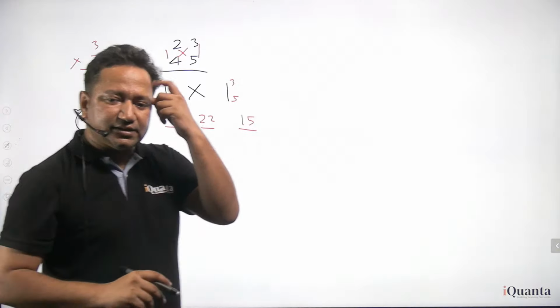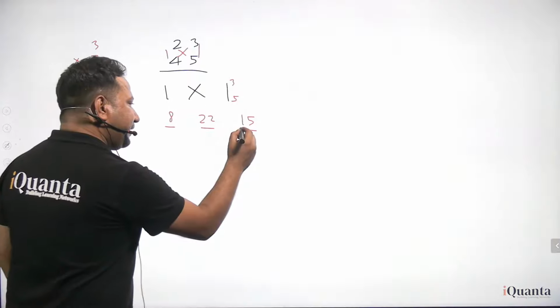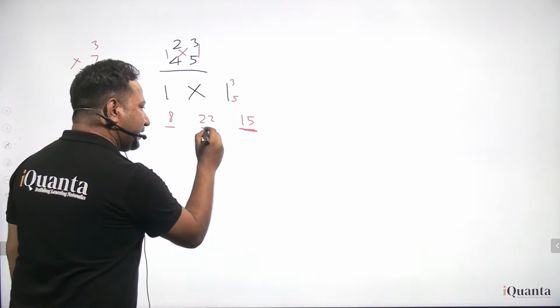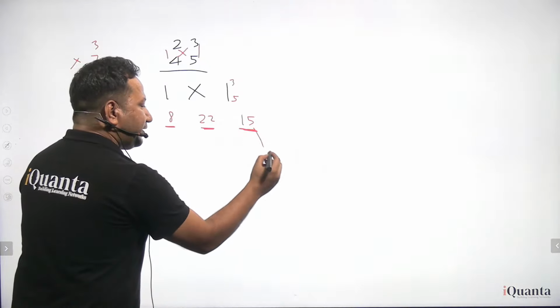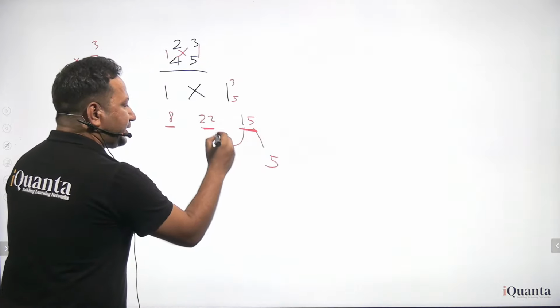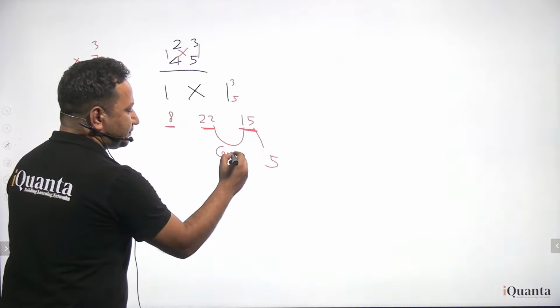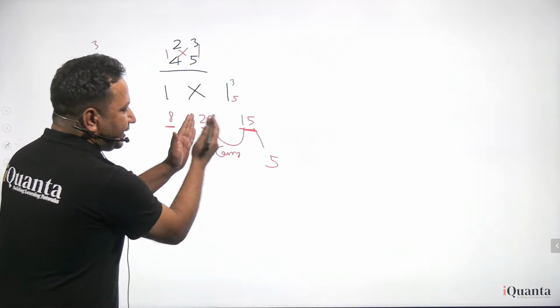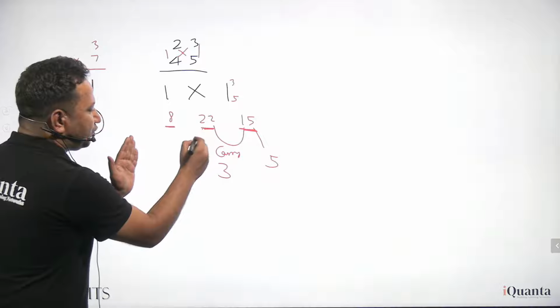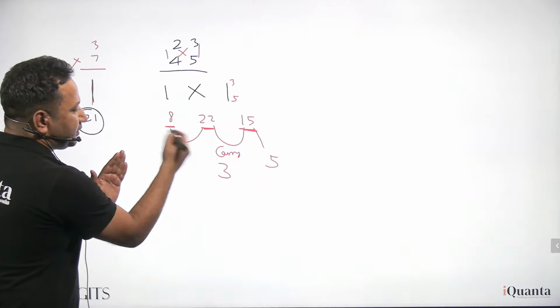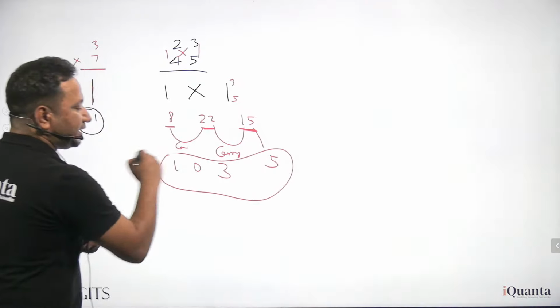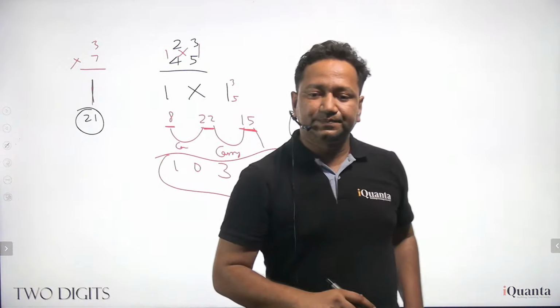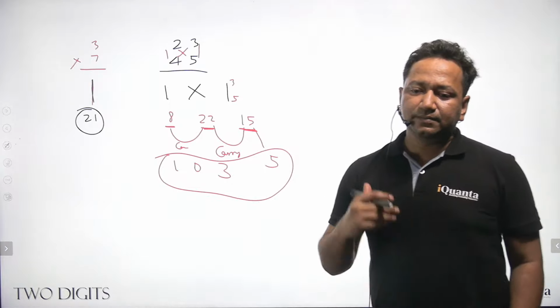Once we have done this, any vacant position would allow 1 digit only. So 5 will be retained and 1 will be carried forward. So this becomes 23. 3 will be retained, 2 will be carried forward. That becomes 8 plus 2 is 10. We have 1035 as the answer over here. Is that clear, everyone?